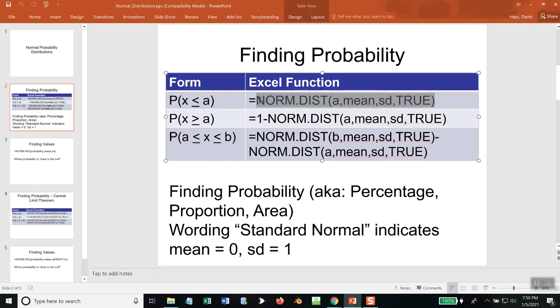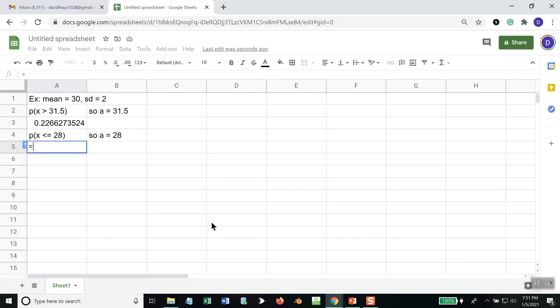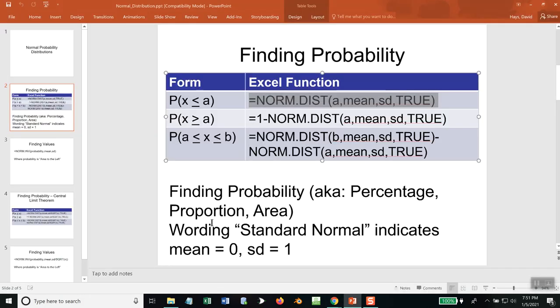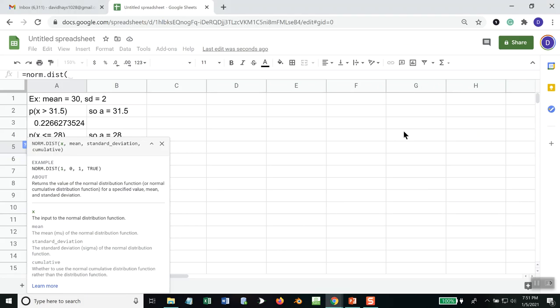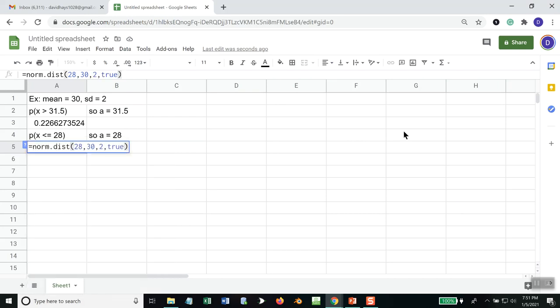This tells us to use this formula: equals norm.dist, A, mean, standard deviation, true. So A was 28, comma, mean, 30, comma, 2, comma, true. Then press enter, and that'd be our answer.